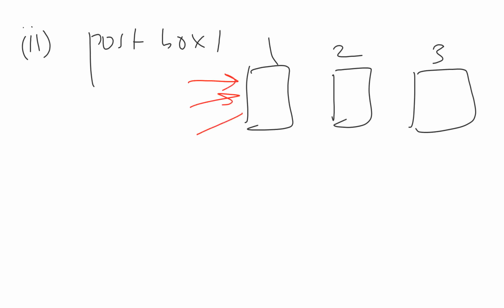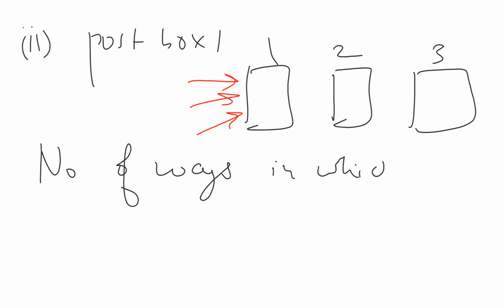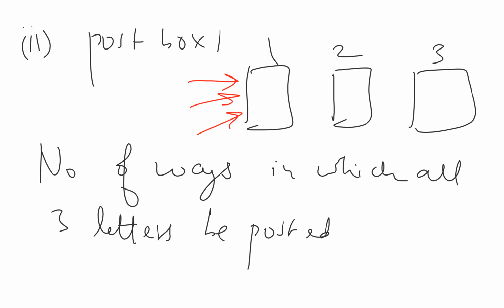What are the number of ways in which we can put all the 3 letters in the first post box? Equal to one way. There is only a single way in which all the 3 letters can be posted in the first post box.